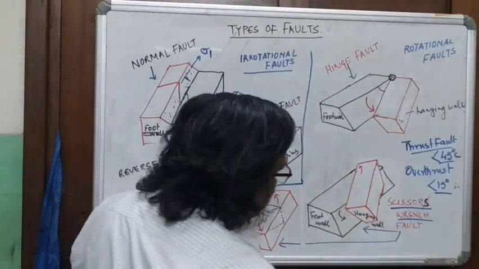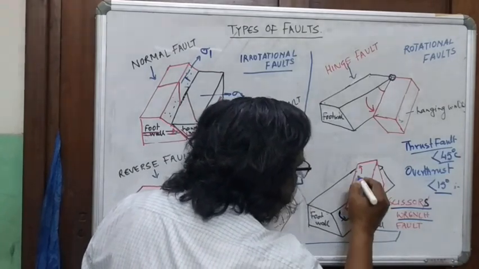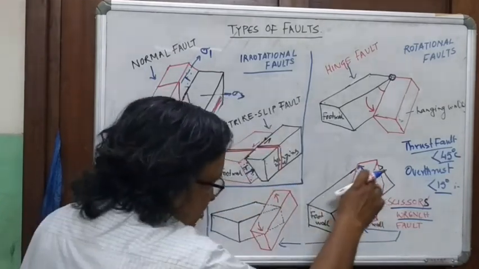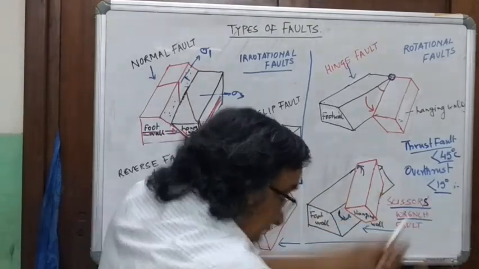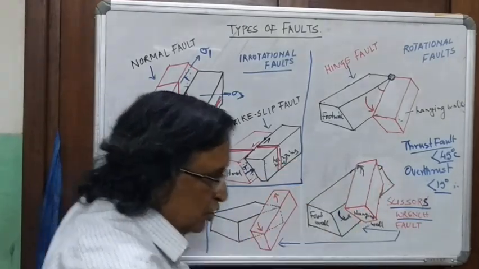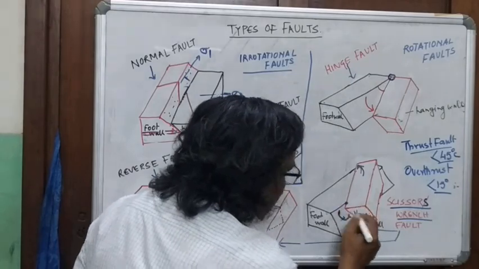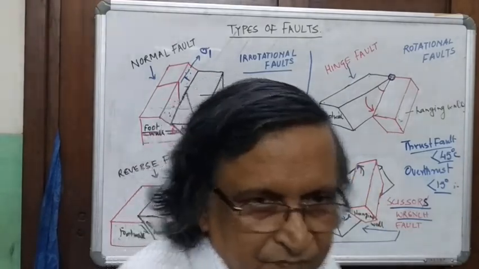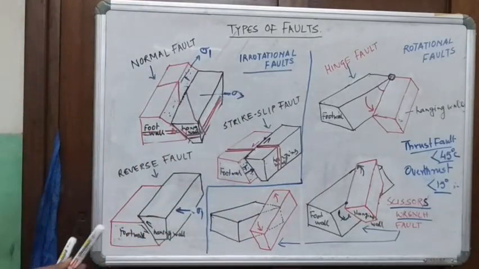Here the movement, as you can see, as she has drawn, is like this, and here the movement is like this. So it's not hinged at a particular point, it's more or less in between, where the hanging wall moves, rotates around the footwall. So this is the hinge area along which it rotates, right? So these are the different types of faults.